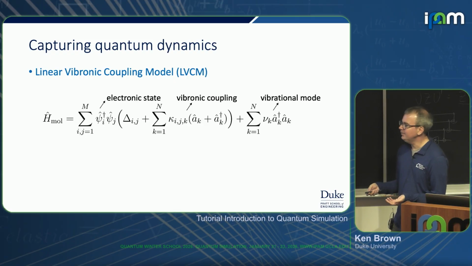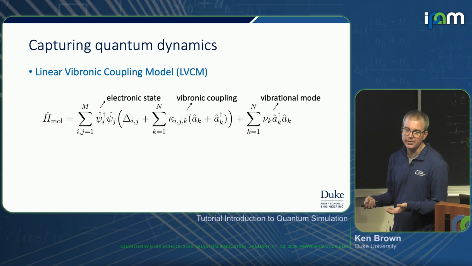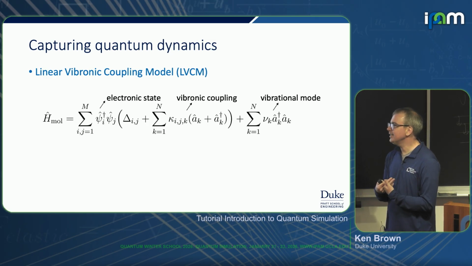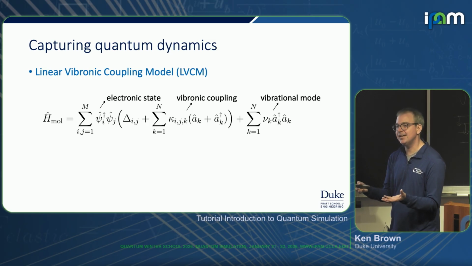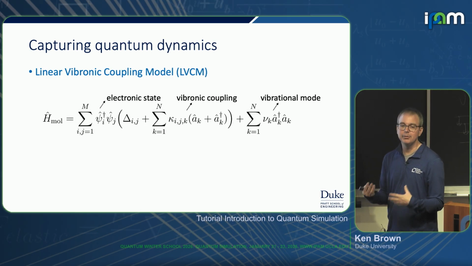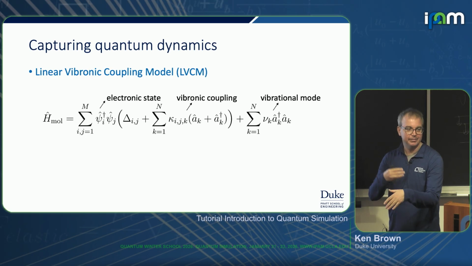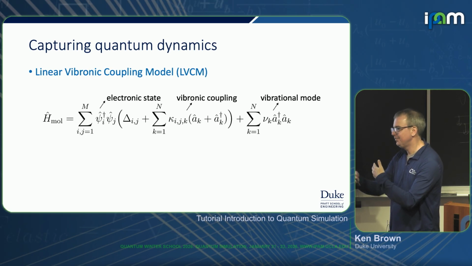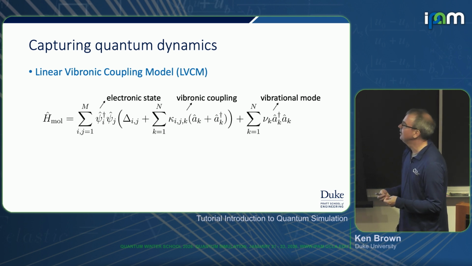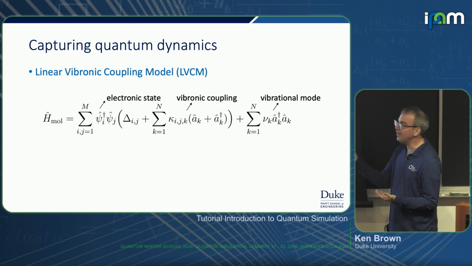So one model, which is used in these photochemical problems, is called the linear vibronic coupling model. Basic idea is the electrons live in states that have some energy. They can hop between the states, but they're no longer fermions. We've already kind of swept that under the rug. We then have vibronic coupling, meaning the energies of the electrons can change as these oscillators move.